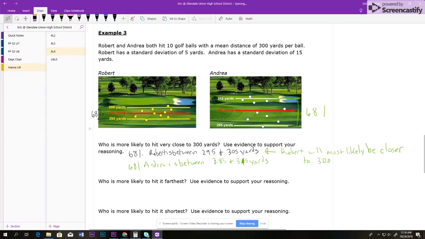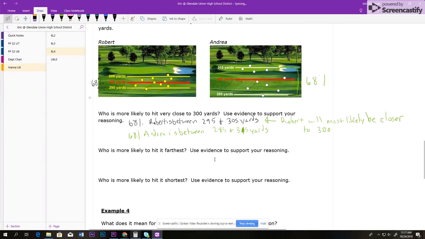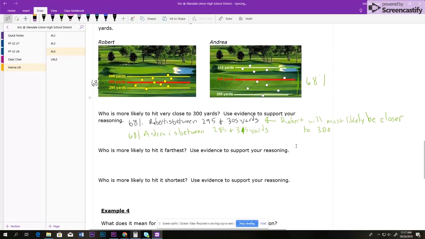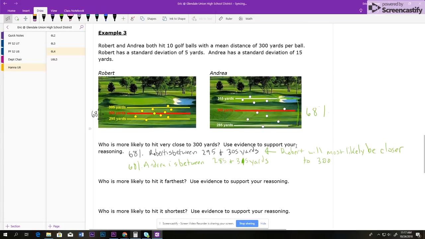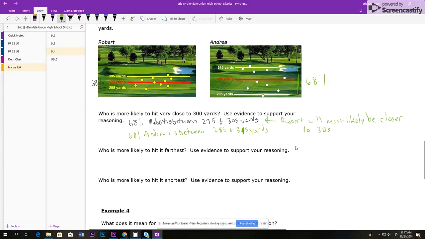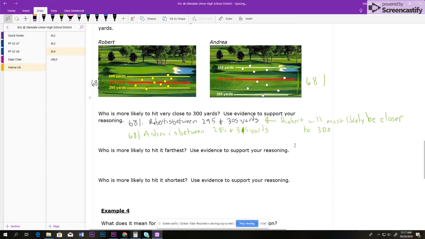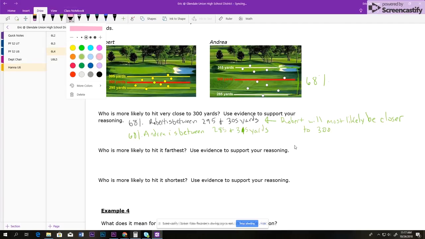Who is more likely to hit the ball the farthest? Use evidence to support your answer. The only evidence that we need is a standard deviation. If you look at Robert, his results are either 305 or 295, and 300 is in between there.